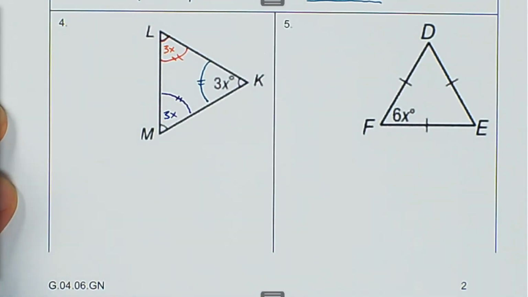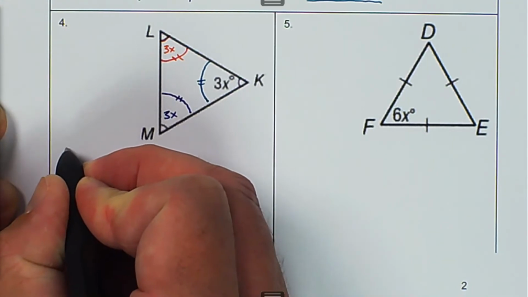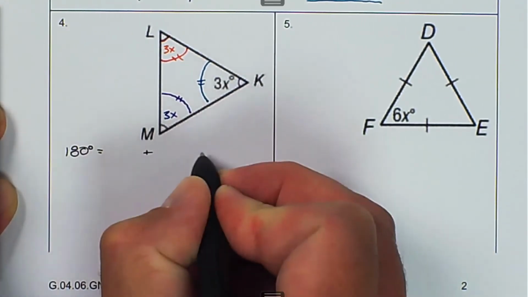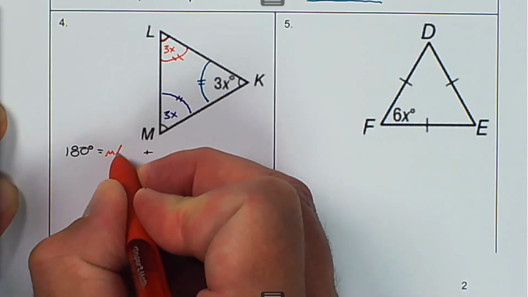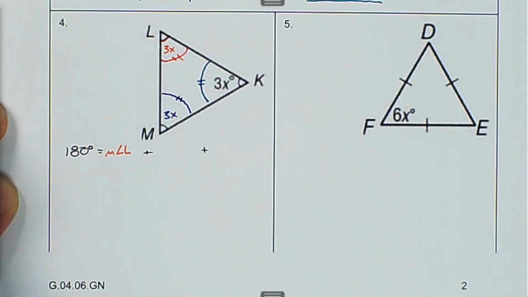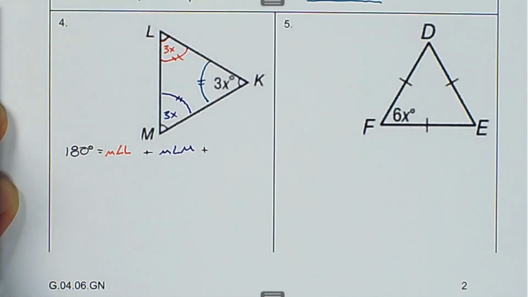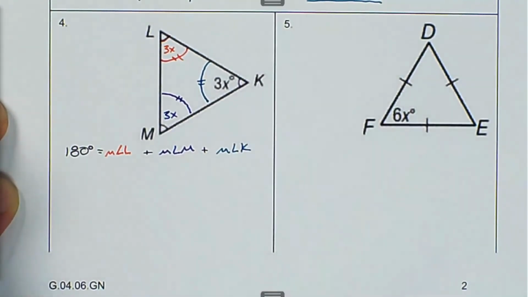Again, we can use the triangle sum theorem, where we add all the angles together. So 180 degrees is equal to the measure of angle L plus measure of angle M plus measure of angle K. Then we can substitute in the values that we have.